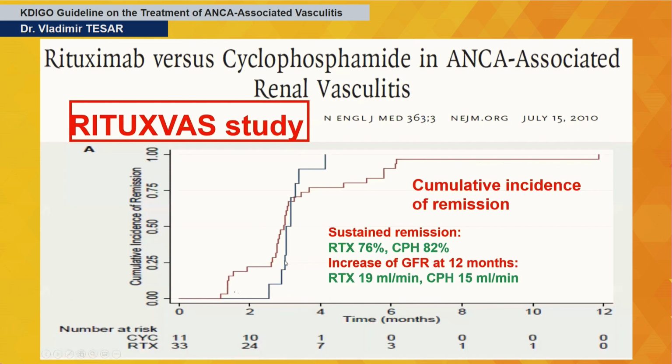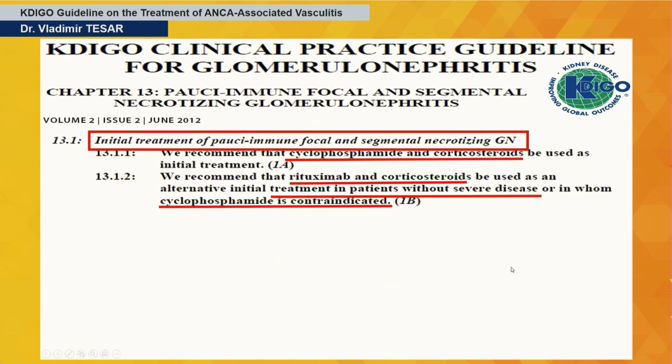And once again, you see that even in this very high-risk population, cumulative incidence of remission was quite similar. Sustained remission, the same. Increase of GFR at 12 months was the same. So this was the basis for the recommendation which appeared in 2012 guidelines.